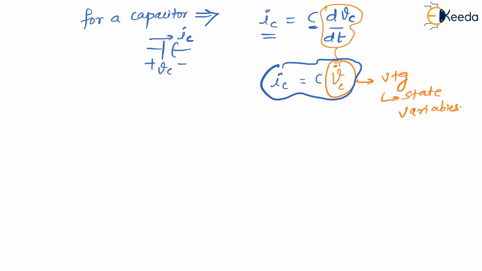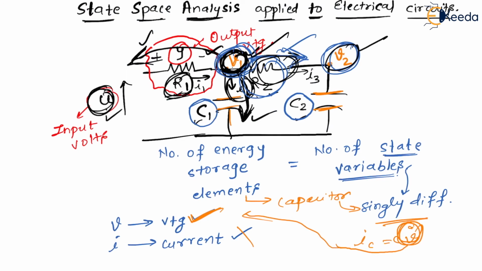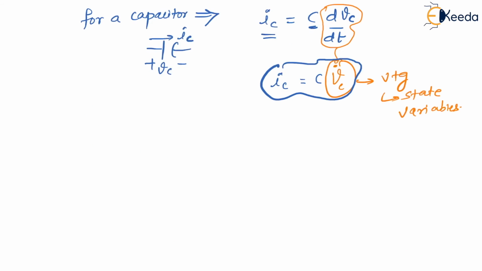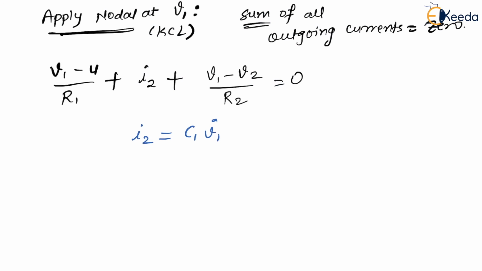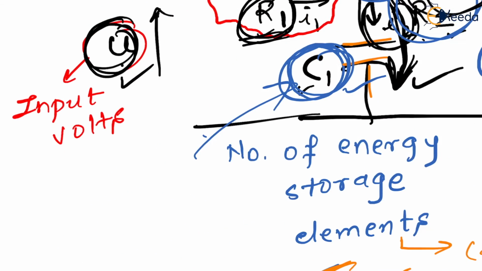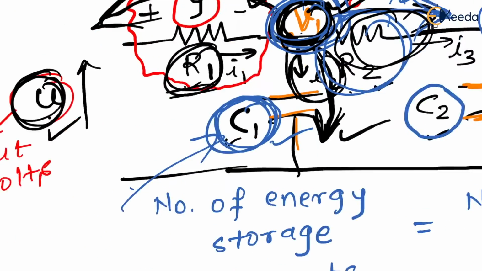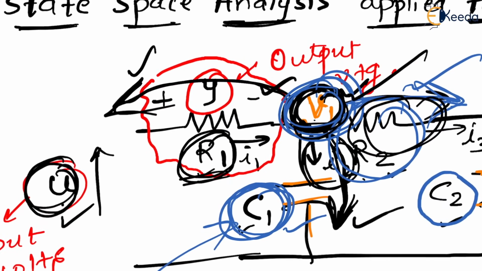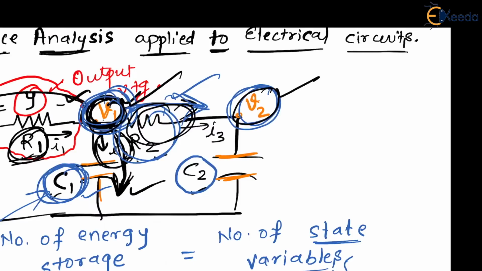So if I think of this capacitor C1, then it is definitely capacitor value C multiplied by Vc dot. So it is going to be C1 into V1 dot, because the voltage across this capacitor is nothing but V1 only, right?